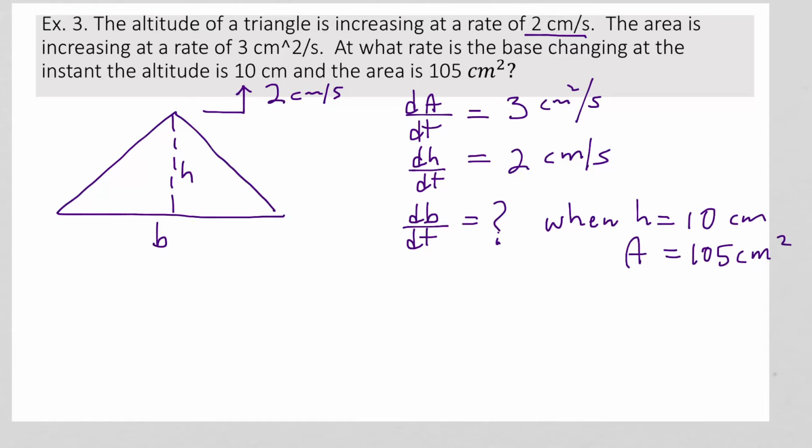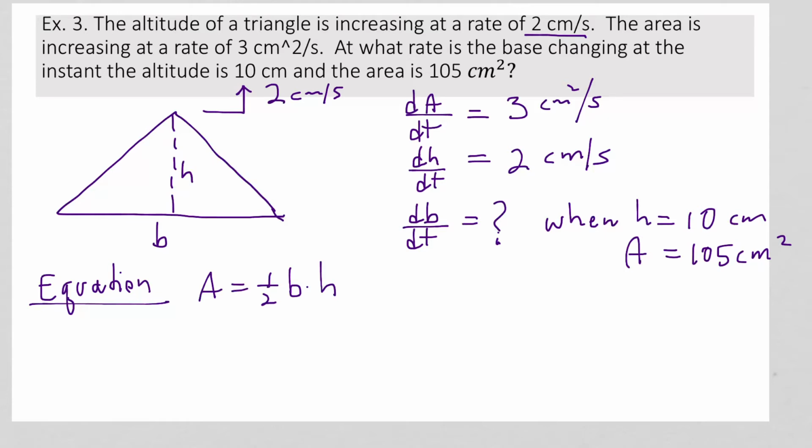All right, so we need an equation that pulls all these variables together. So we know the area of a triangle is 1/2 the base times the height. So that pulls all of our variables into one equation. So we can differentiate both sides of this equation with respect to time.